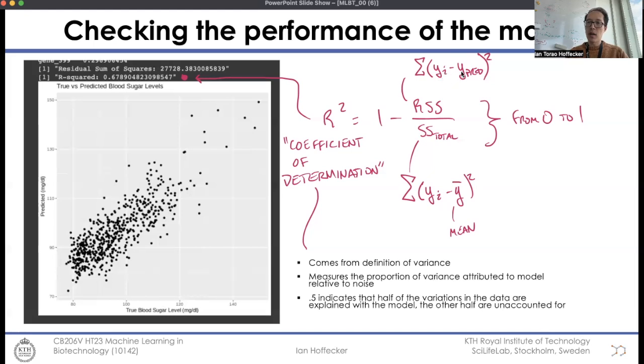So Y sub i minus Y predicted. And so a value close to 1 means that you're explaining a lot of the variation in the data with the model. And if it's close to 0, then the majority of the variation is unexplained, unaccounted for. And 0.5 would indicate that half of the variation in the data is accounted for by your model. And again, these come from the definitions of the variance statistic.